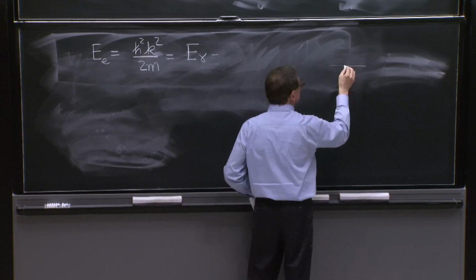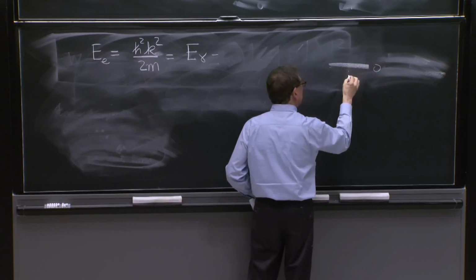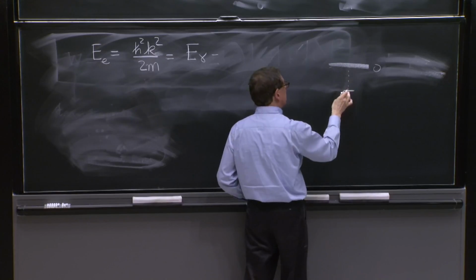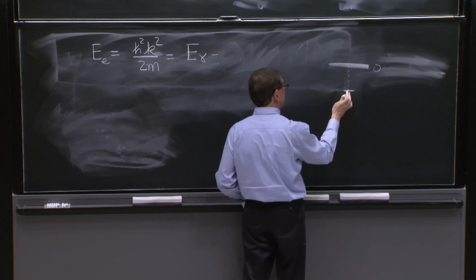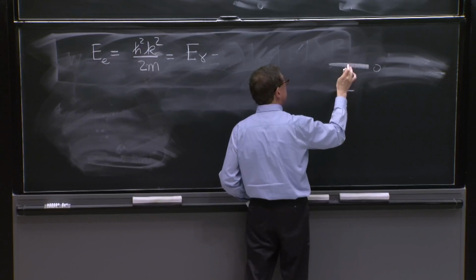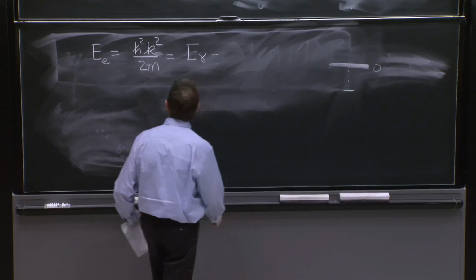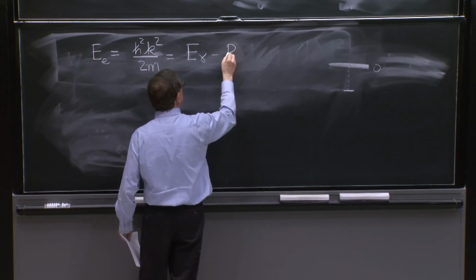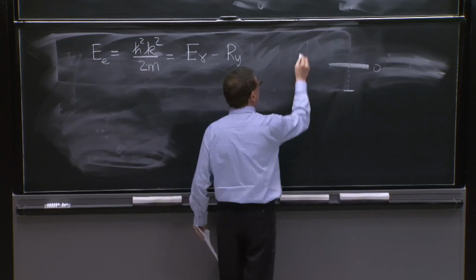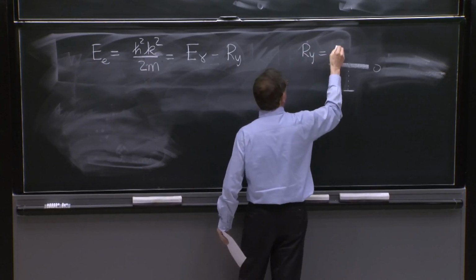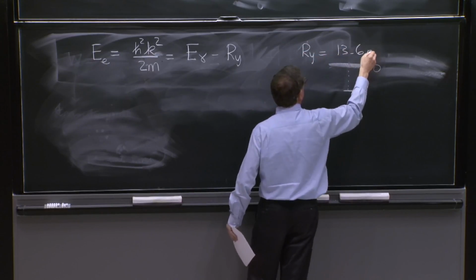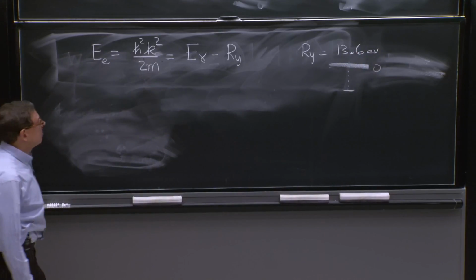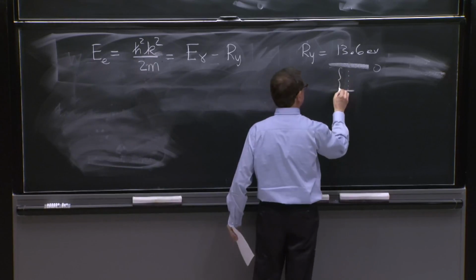In the hydrogen atom, here is energy equals 0. The ground state is below 0, so if you supply some energy, the first part of the energy has to be to get it to energy 0, and then to supply kinetic energy. So the kinetic energy is the energy of the photon minus what is called the Rydberg, Ry. The Rydberg is 13.6 eV with a plus sign, and that's the magnitude of the depth of the well.